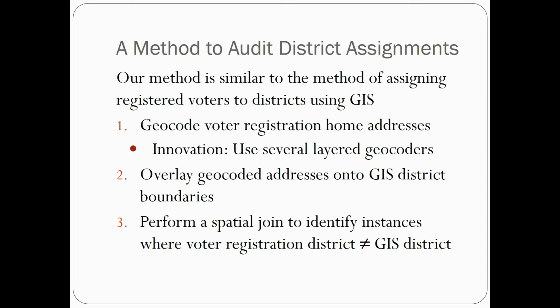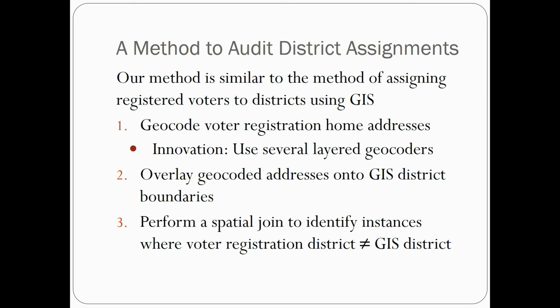And if that district identifier for that address is not consistent with where that address is located when we overlay the district boundaries, that tells us that we have a potential problem.